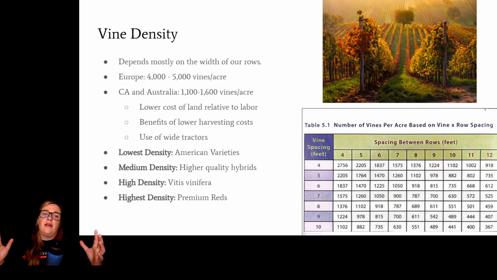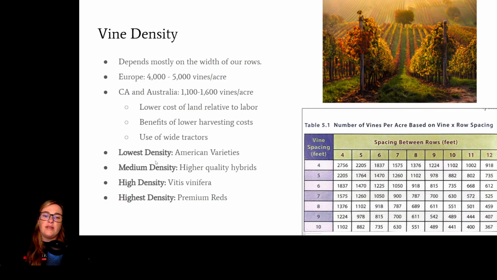So the less dense your plot of land is, the more vigorous those vines are. The more dense it is, the more vines you have to put in because they can't produce as much. They're less vigorous, right? So that's kind of a good way to think about it, right?